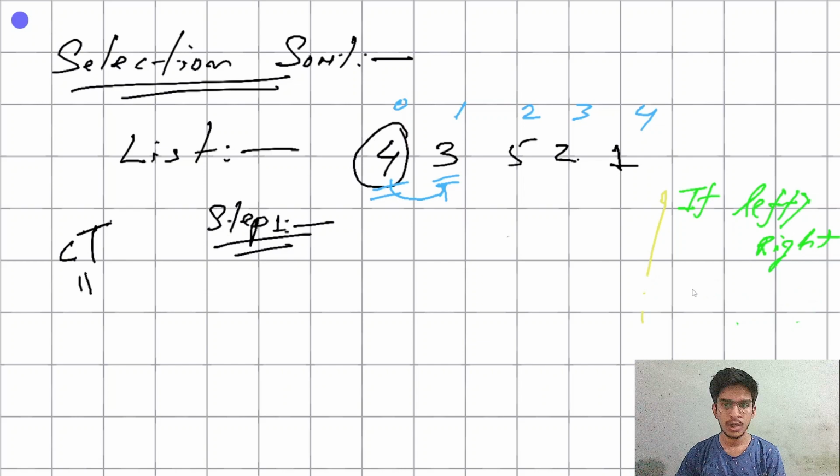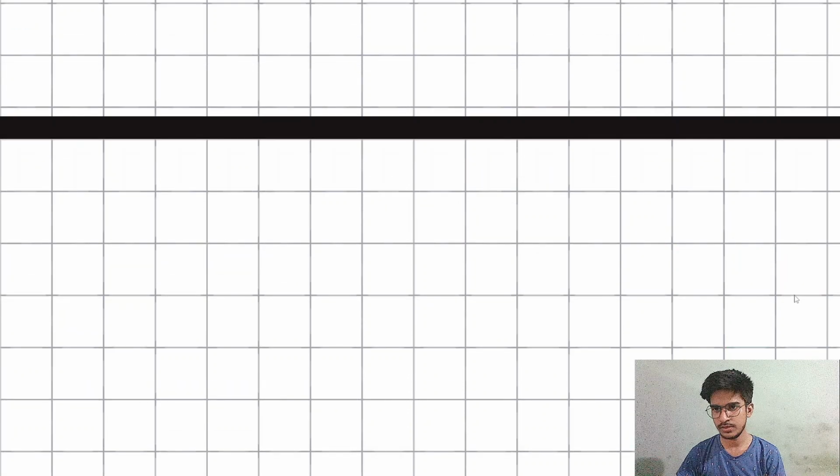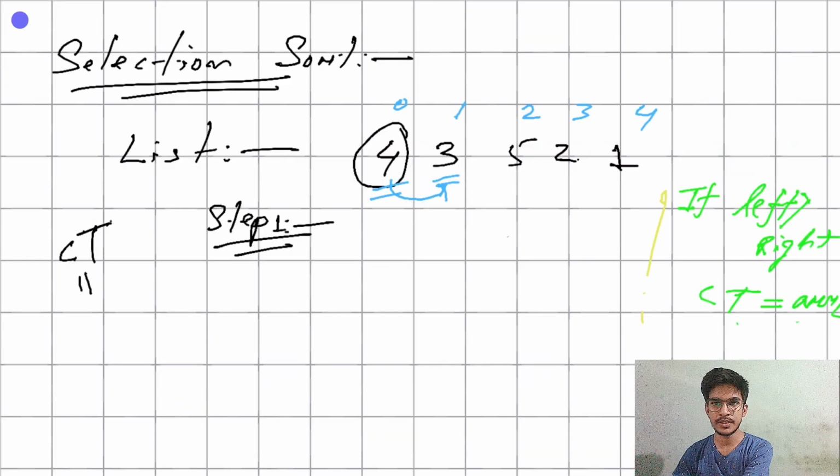What we do is just change the cd to the current element, arr I. We change the current element to arr I. So it is updated, and the condition is also true.